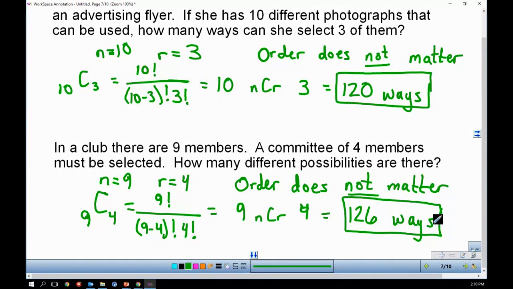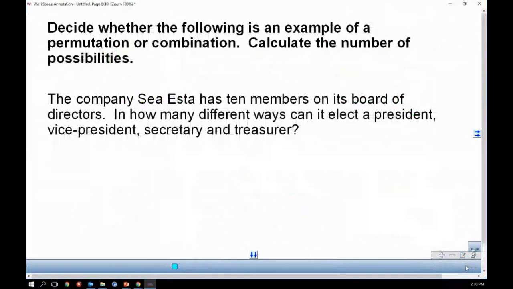So what are y'all thinking of this? Easy, hard? Okay, last 3 examples. Those last 2 we knew for sure were combinations because that's the topic we were on.